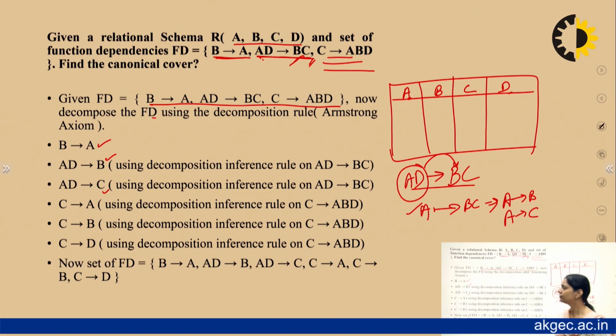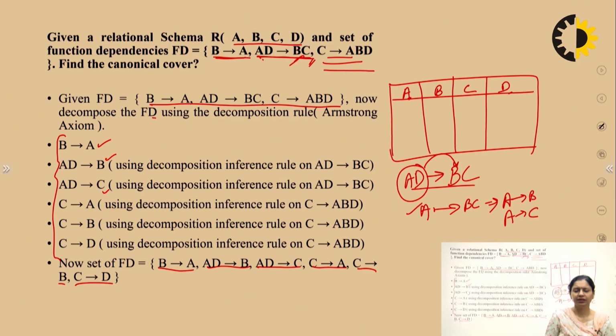So in this case, the new set of functional dependencies becomes B dependent upon A, AD dependent upon B, AD dependent upon C, C dependent upon A, C dependent upon B and C dependent upon D.